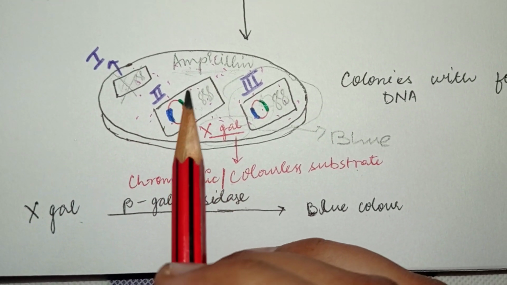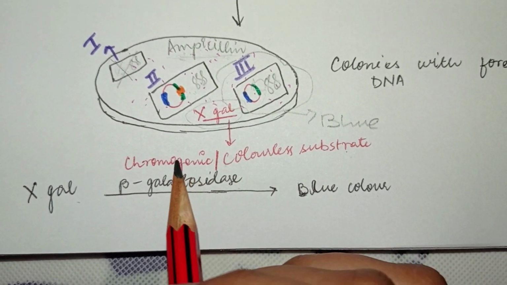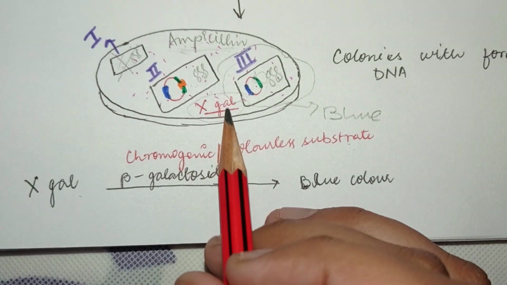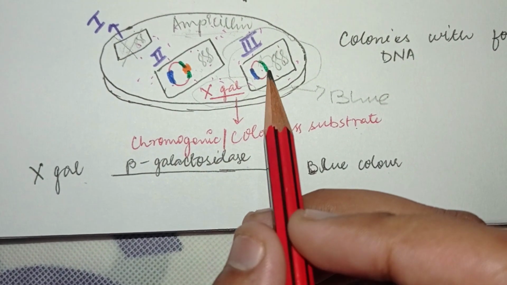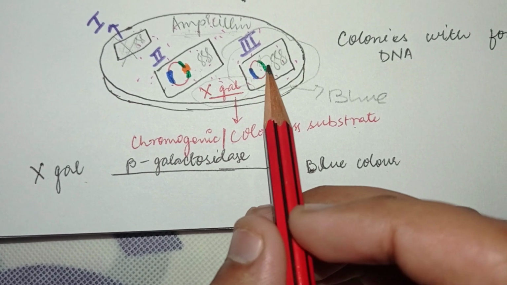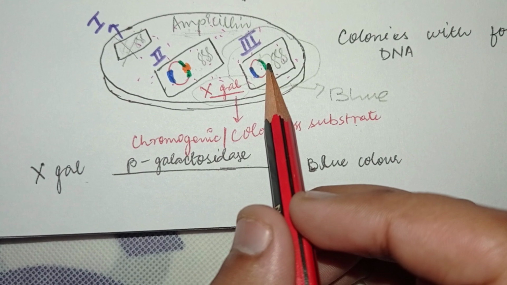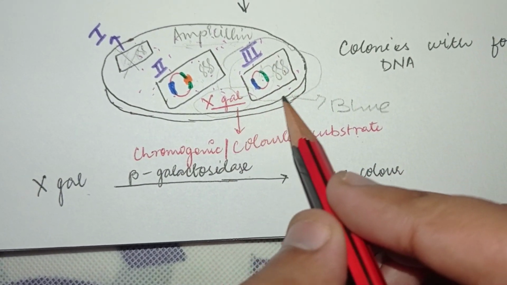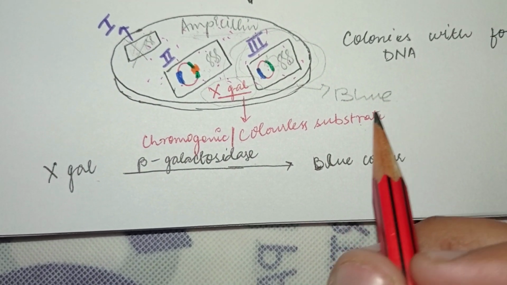Now, to distinguish between these two, we will take a chromogenic or colorless substrate, that is X-gal. When this X-gal comes in contact with the lacZ gene product, the beta-galactosidase enzyme, it shows a blue color colony. So this third bacteria shows a blue color colony.